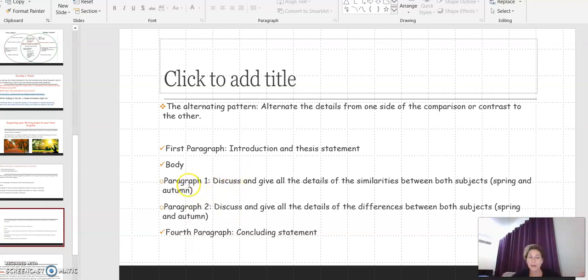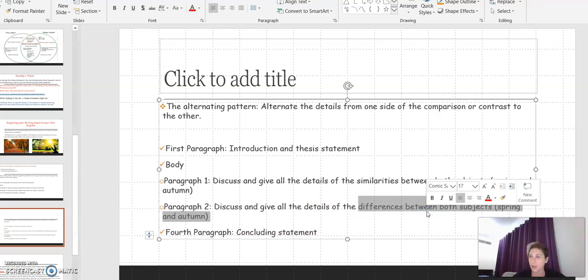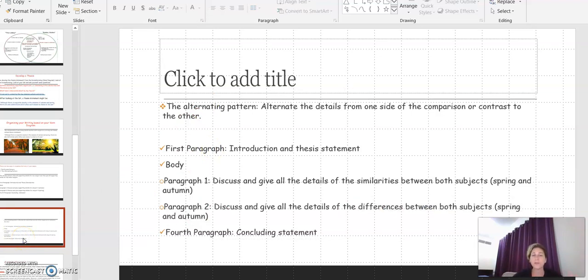So this is how both patterns differ, and you choose whatever pattern you're more comfortable with and feel you can better organize your ideas with.